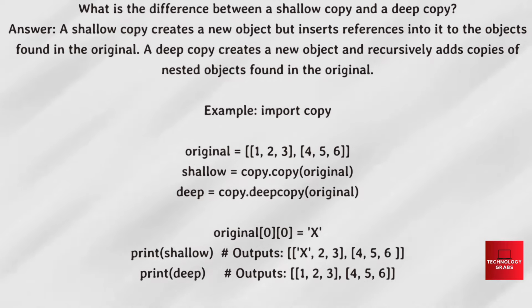Example: import copy; original = [[1, 2, 3], [4, 5, 6]]; shallow = copy.copy(original); deep = copy.deepcopy(original). Modifying the shallow copy outputs [[X, 2, 3], [4, 5, 6]]; print(deep) outputs [[1, 2, 3], [4, 5, 6]].